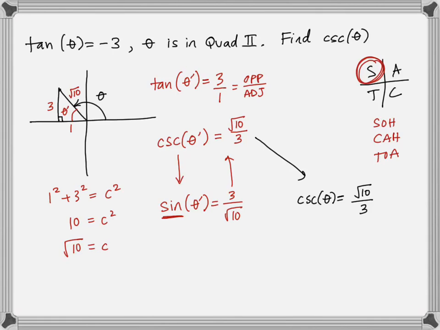So if sine is positive, then cosecant is also going to be positive. So for this one, I can leave my answer positive. Okay, so to get from one trig function of an angle to a different trig function of that angle, we're going to pass through the reference angle, use a right triangle, and then maybe put a negative sign on there.